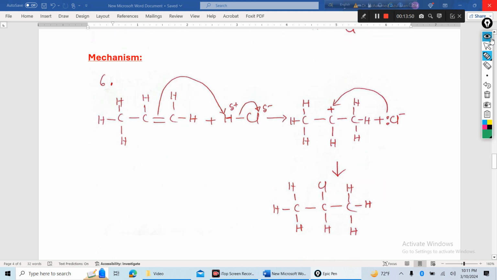So you see, in hydrogen chloride the electron goes to chlorine, it becomes delta minus, and after taking both the sharing electrons, chlorine becomes chloride ion and hydrogen becomes delta plus.